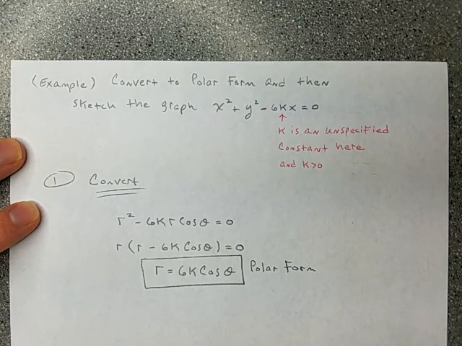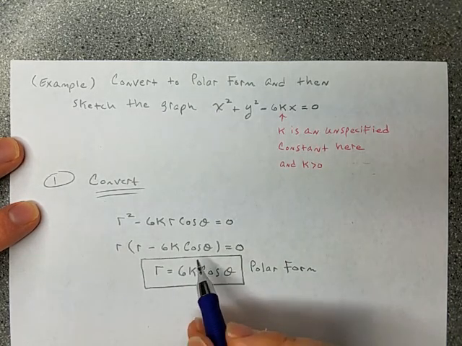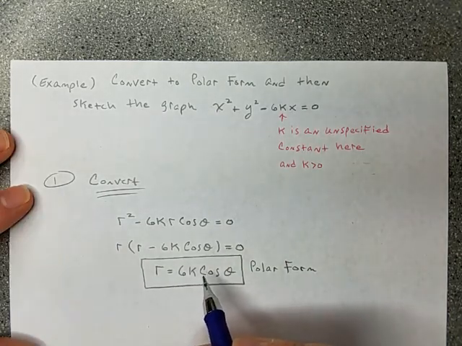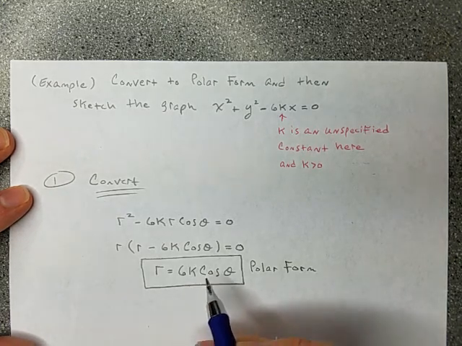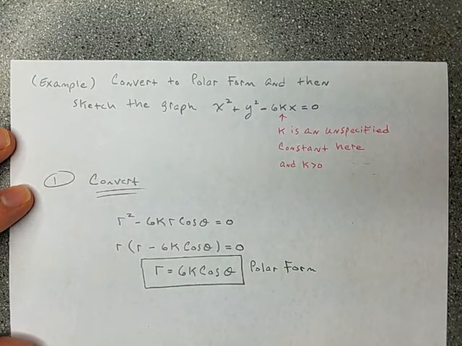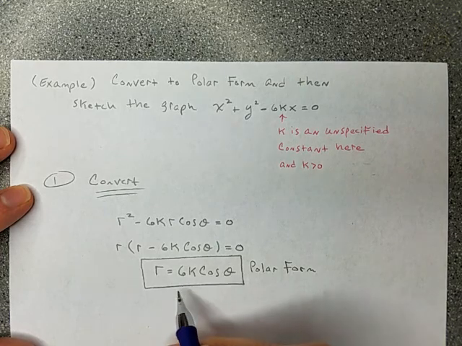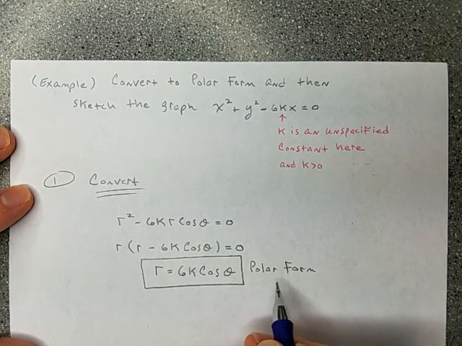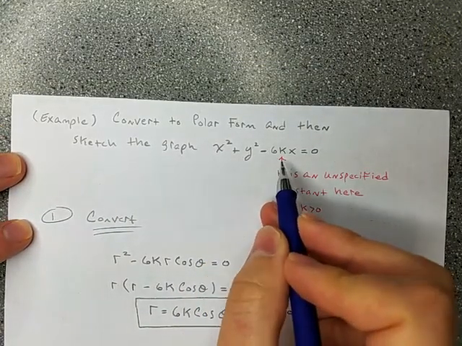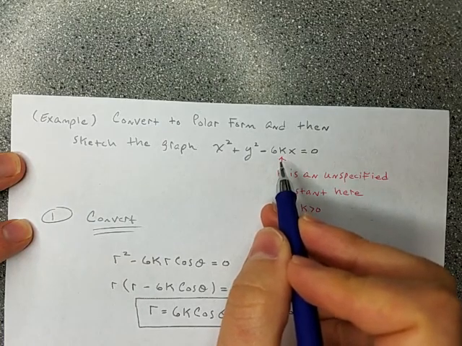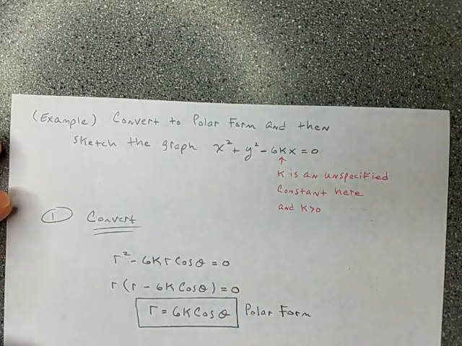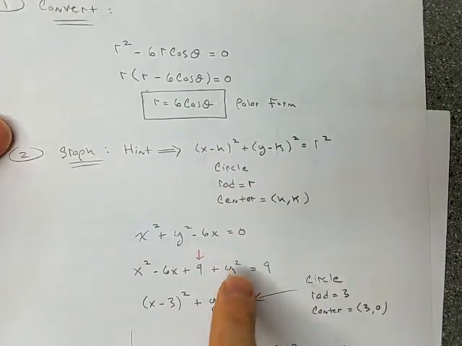The conversion's over. What is this, though? Sometimes we need to know what things are. Is this a circle? Is it a line? It might be hard to tell from this because polar coordinates are new to us, but maybe from that we can figure it out. And yes, that will be just like how we did this one.